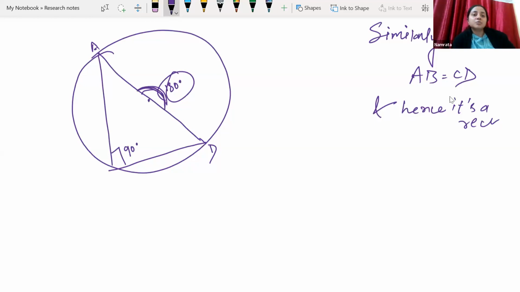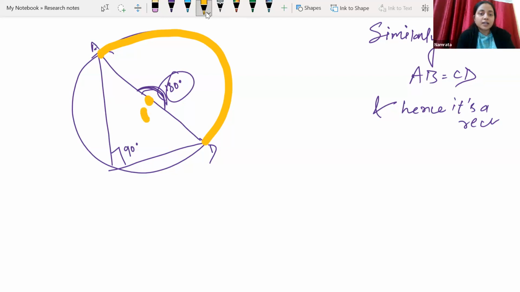Do we have any theorem which will support our conclusion? So yes, exactly, we are having one theorem which says that the angle subtended by an arc at the center is double the angle subtended by the same arc on the remaining part of the circle. So if you want to understand it, there is an arc AD and that arc is subtending an angle at the center.